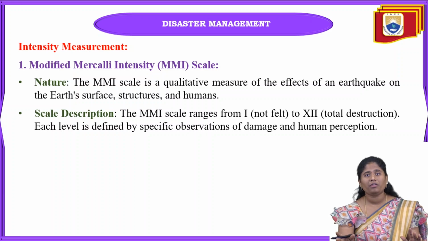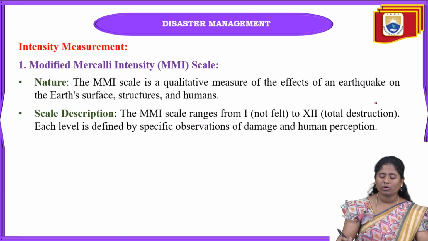We have to know everything. So this type of scale will just measure the effects, whether on structures, on humans, or at the surface. We come to know because of this modified Mercalli intensity scale.